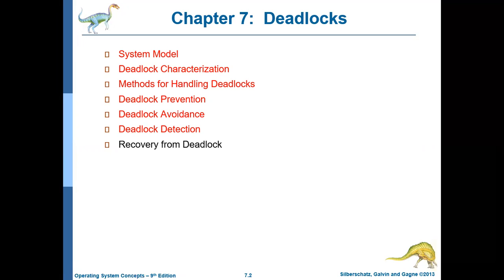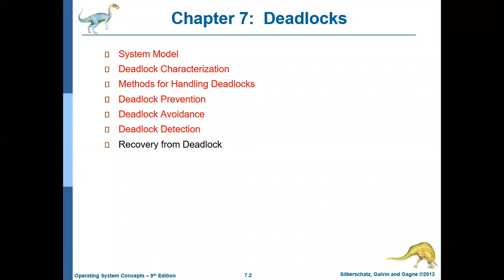From this session, we'll be moving to a new topic, which is deadlocks. We'll be discussing deadlocks under these headings. System model, that is, under which circumstances deadlock will occur, and deadlock characterization.